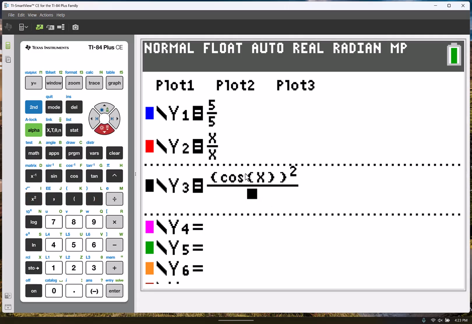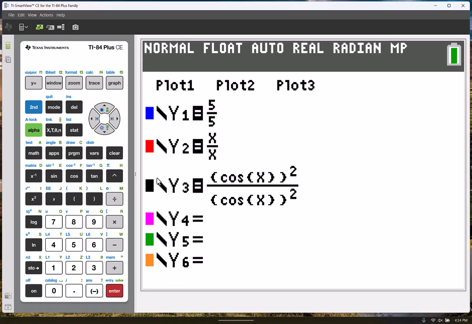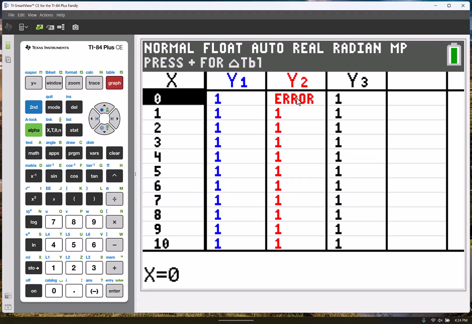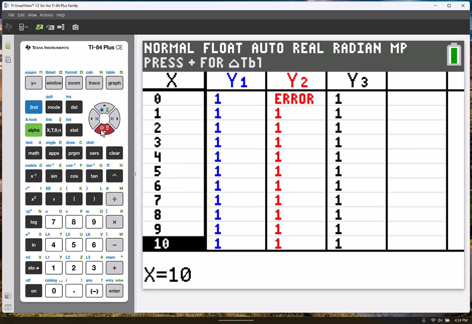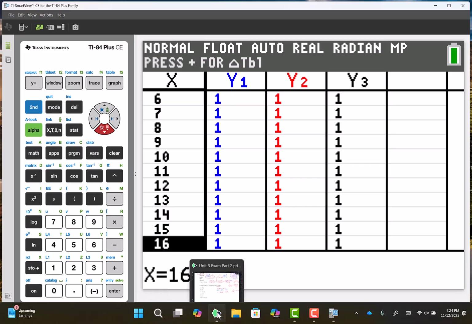We can't put the squared after the cosine, so you have to open parenthesis, type in cosine x, close it, and then put a square on it. See how they're all 1? In the table, it says error because you can't divide by 0, but they're all 1 all the time. So it's always 1.